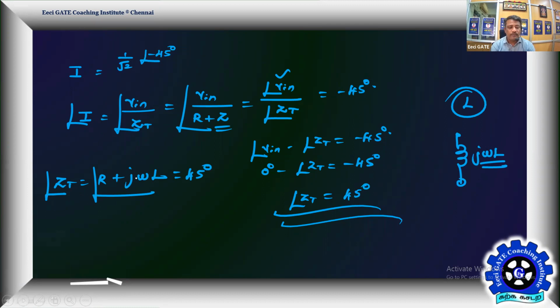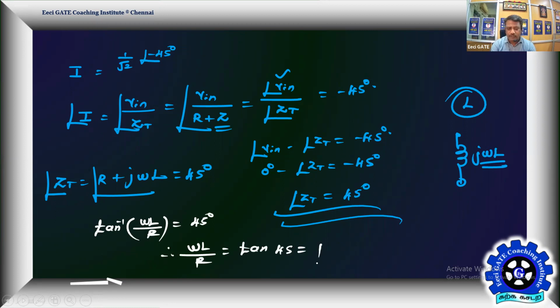Now, tan inverse of omega L by R should be equal to 45 degrees. Very simple, and R is given. What is omega L by R? As per the identity, tan inverse of 1 equals 45 degrees. Therefore omega L by R should be equal to tan 45, which is 1.